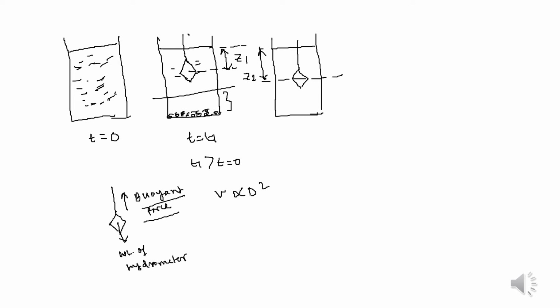So basically we determine an effective depth HE, which is the distance from the surface of the soil suspension to the level at which the density is being measured, basically at the center of the bulb of the hydrometer.